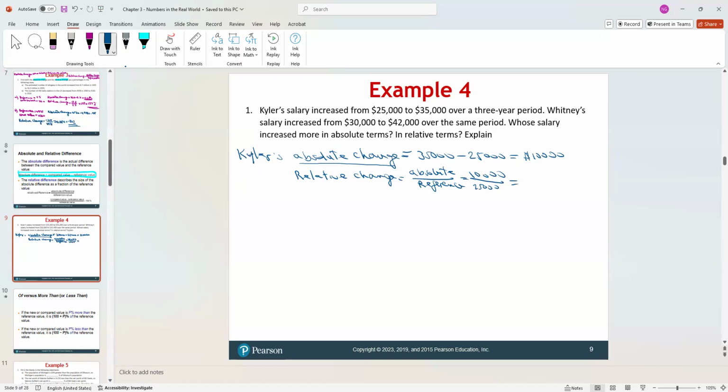That gives you 0.4, or 40%. At this point, we can do the same for Whitney, because now we've done Kyle, let's do Whitney.